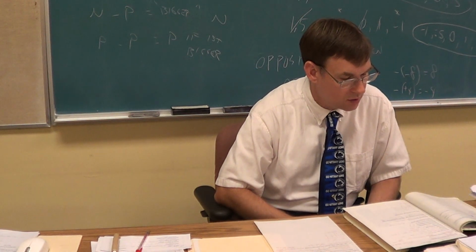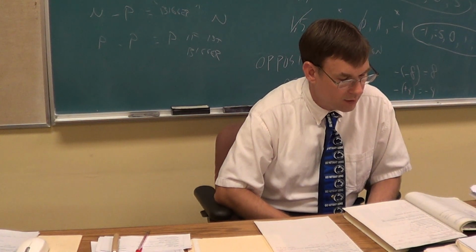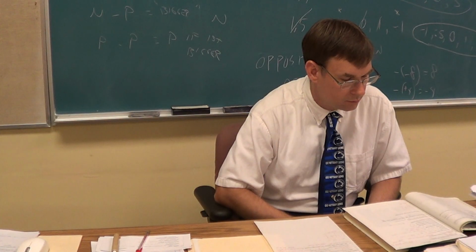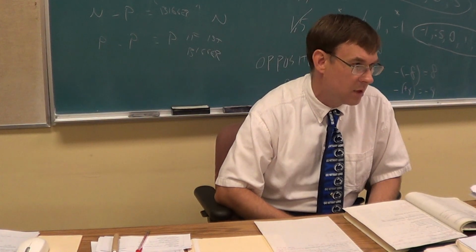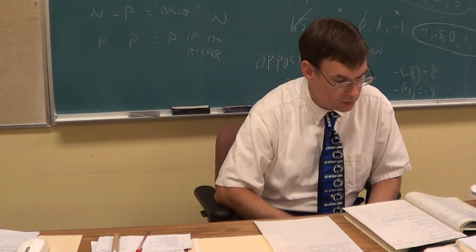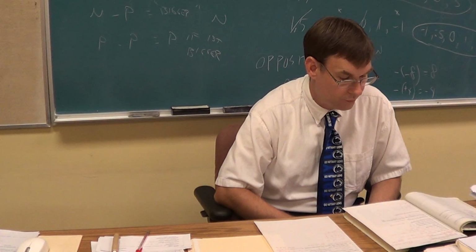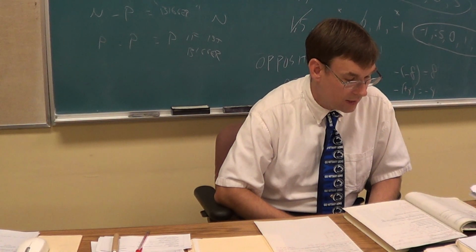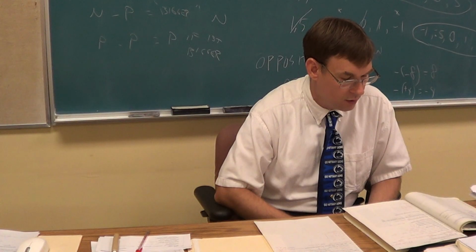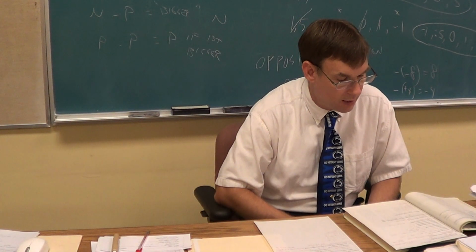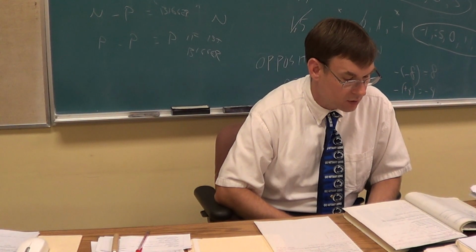Grams is the base unit for mass. Length: meters, including centimeters, millimeters, all those other kinds of meters. Volume: liters, with a big capital L. So mass is grams, length is meters, volume is liters.